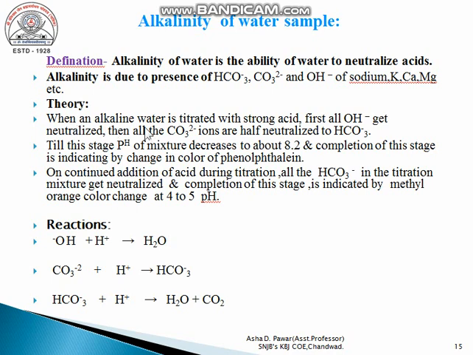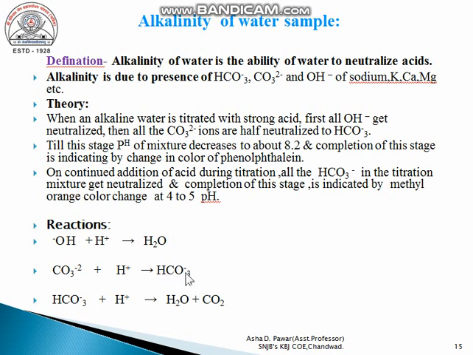When alkaline water is titrated with a strong acid, first of all the hydroxide present in water gets neutralized, that is OH minus plus H plus forms water. Then we continue the titration. If water contains carbonate, then that carbonate gets half neutralized and converted into bicarbonate.